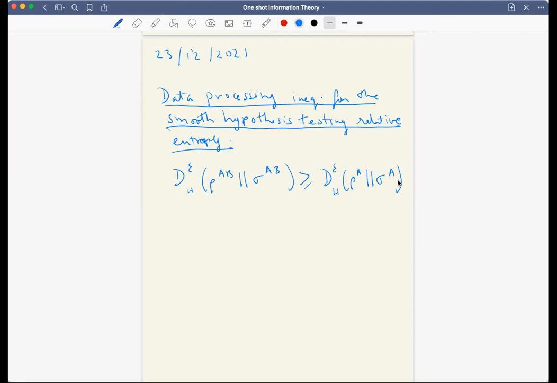So classically, it was the private coin algorithm. Quantumly, it is our quantum operation, what we call the completely positive trace preserving superoperator.